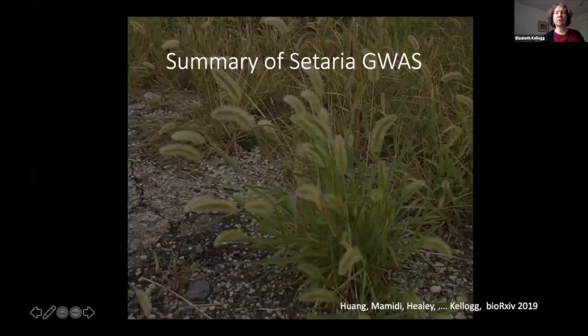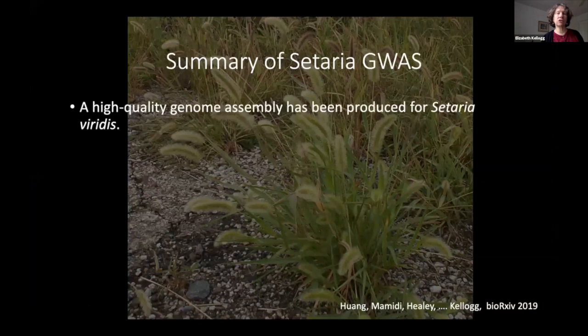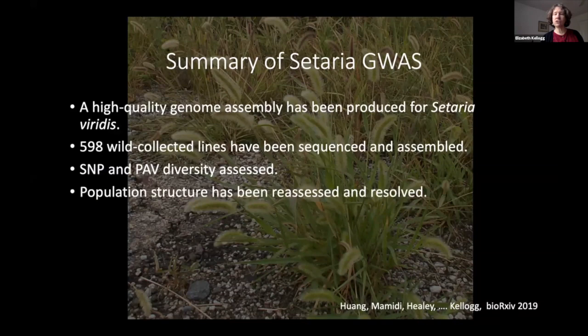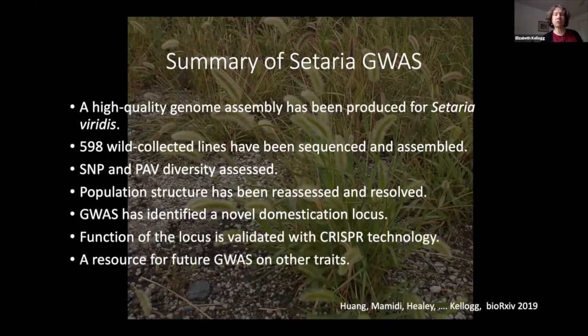So just to summarize the Setaria genome-wide association studies, we've got a high quality genome, a lot of wild diversity, a lot of good population genetics, and then we used GWAS from that to find a novel domestication locus, which was validated with CRISPR, and obviously produces a resource for exploring other traits.